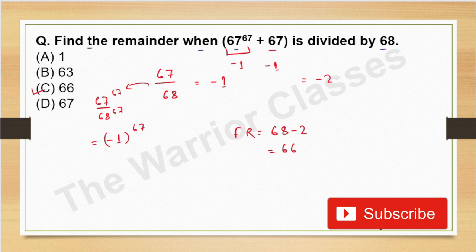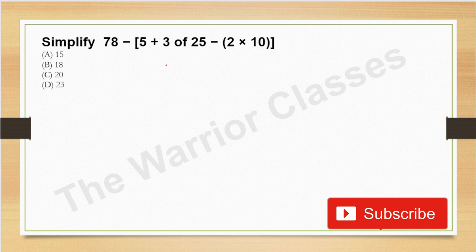Now moving to the next question of simplification. For simplifying, first we solve the small bracket. It is 2 multiplied by 10, which is 20. So the value of it will be 20. So now after solving the smaller bracket, it will be 5 plus 3 of 25 minus 20, right? Here 'of' means multiplication, and after the bracket we will solve the 'of'.